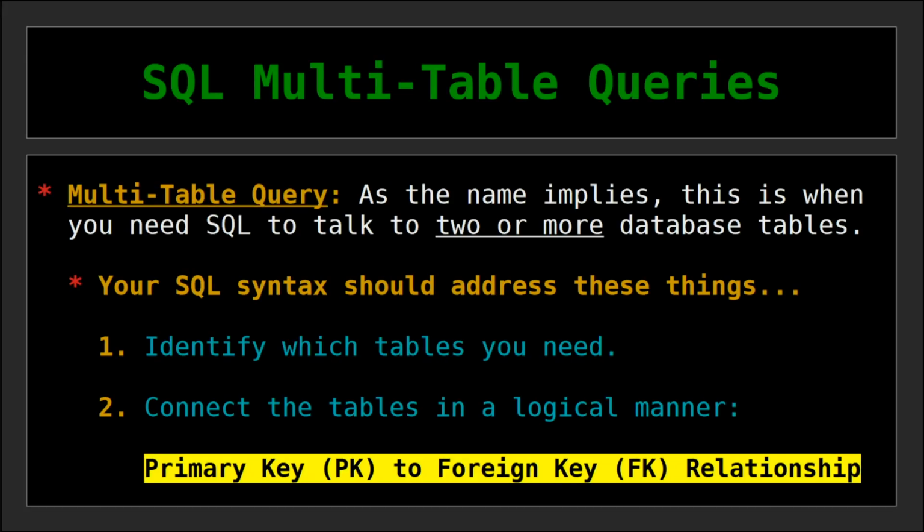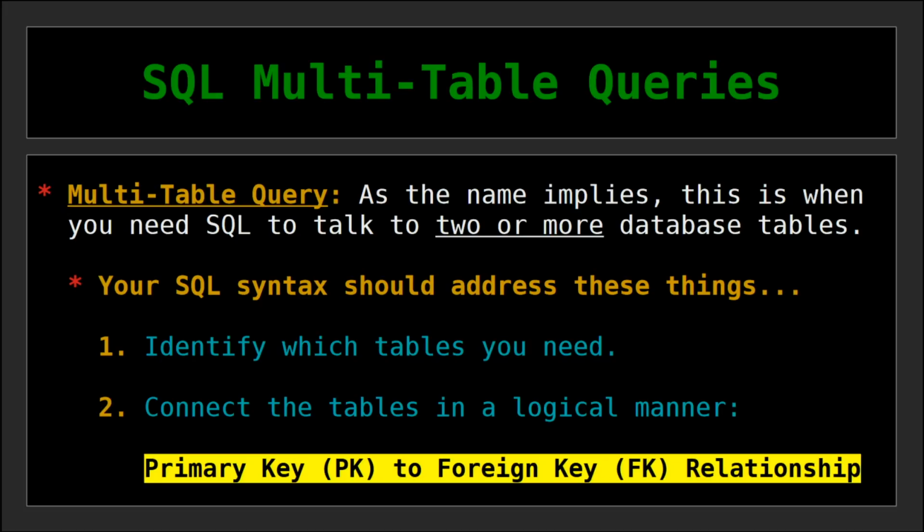You need to do this properly, or else what can happen is, say you're doing this SQL multi-table query and you think you got it down, and you run the query, and the database gives you back some sort of information. You may want to double, probably triple check to make sure that what has been returned back to you actually makes sense.